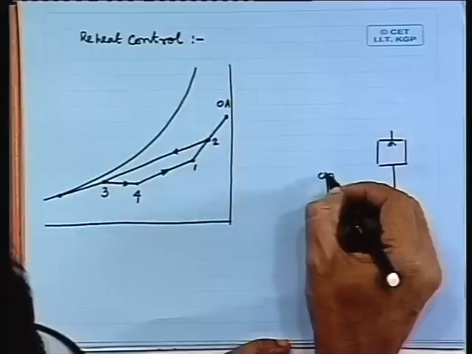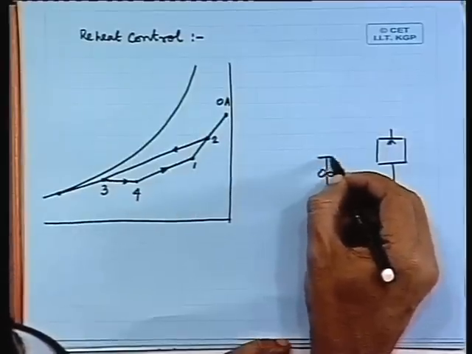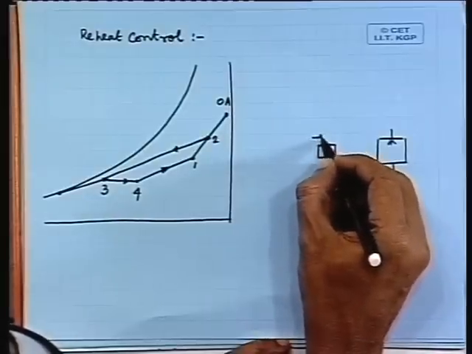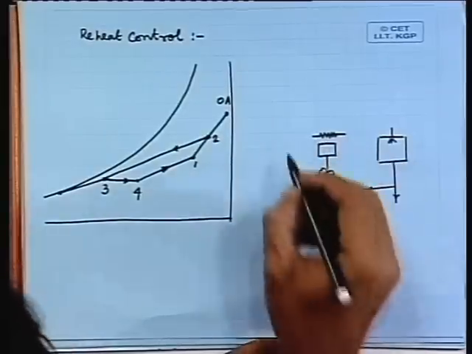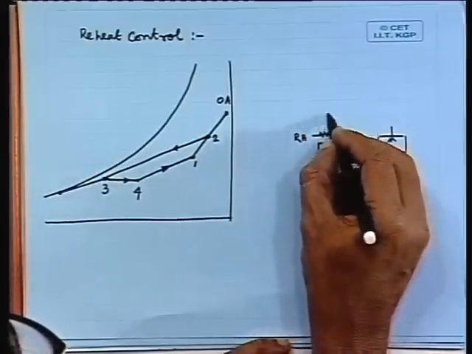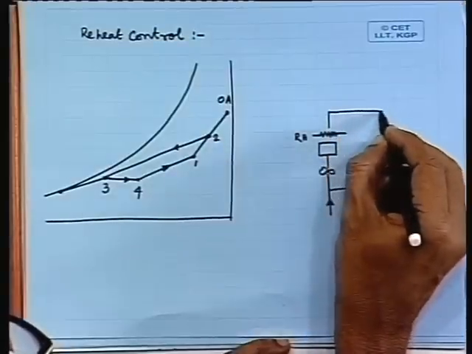Then we have the fan, we can have the cooling coil, we can have the reheater, RH, then the air will go like this.